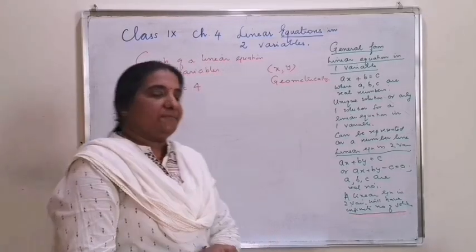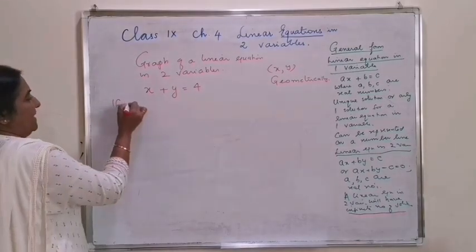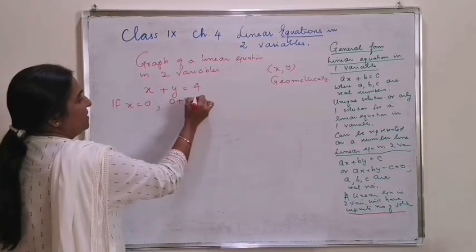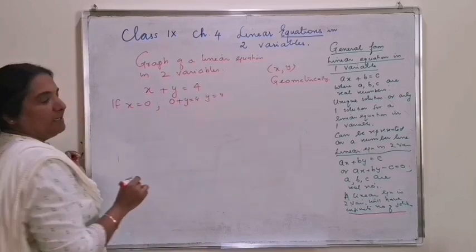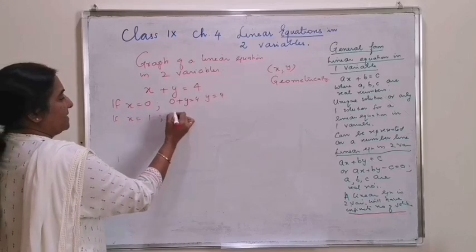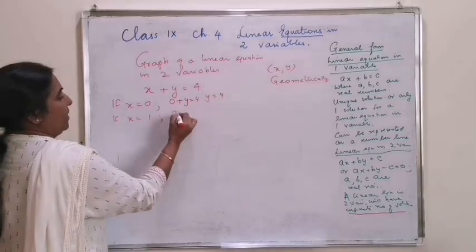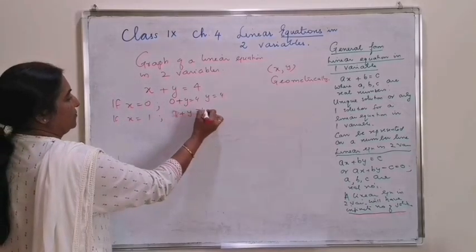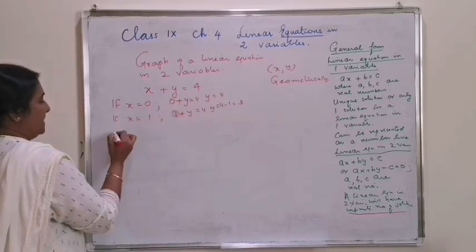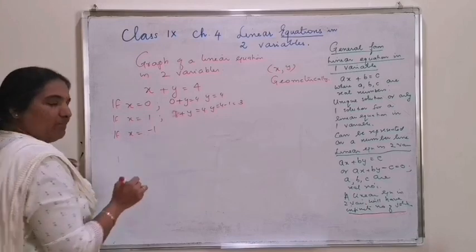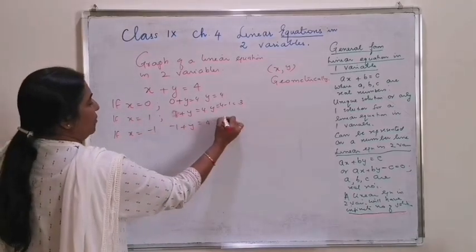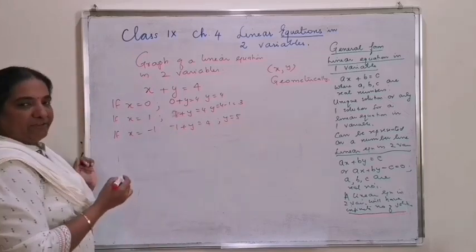The method is, if x equal to 0, 0 plus y equal to 4, or y takes the value 4. If x equal to 1, 1 plus y is equal to 4, or y is equal to 4 minus 1, which is 3. Let x take the value minus 1, then minus 1 plus y is equal to 4, or y is equal to 5.